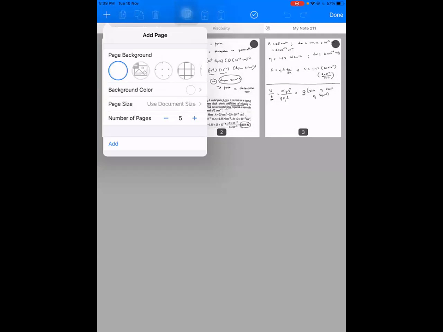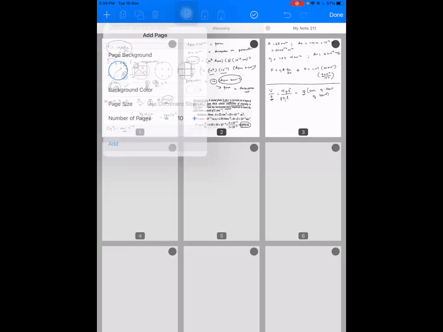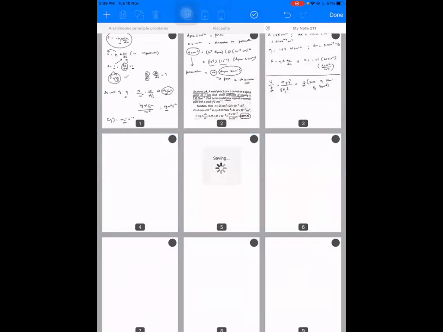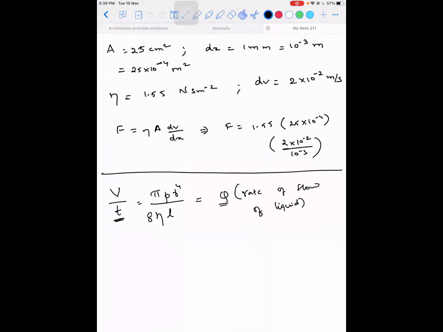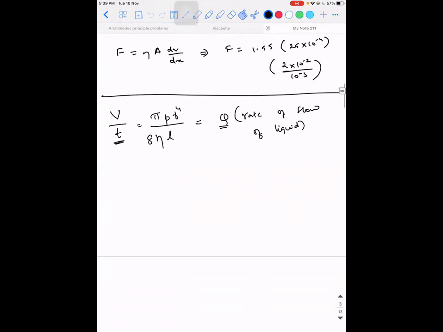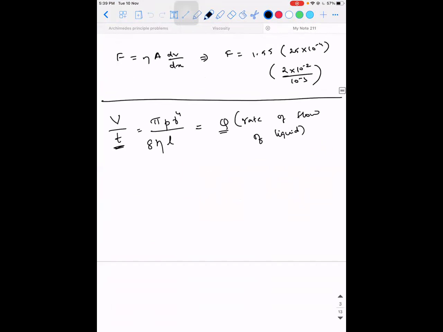Now listen, guys. So you remember dimensional analysis, right? Q is directly proportional to P power a, Q is directly proportional to r power b, Q is directly proportional to eta power c, and Q is directly proportional to L power d.